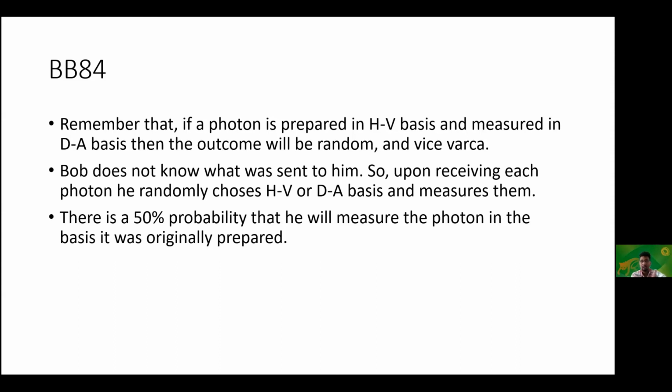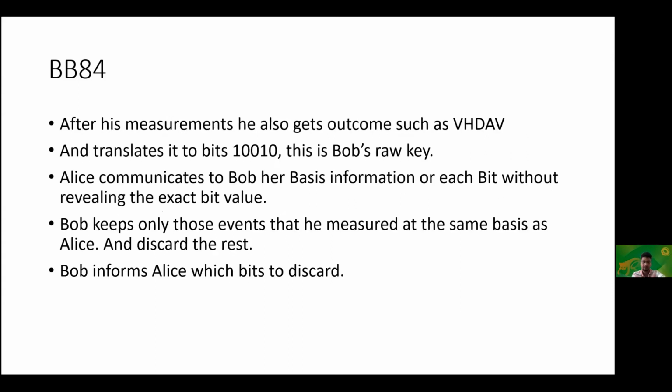Now, there is a 50% probability that he will choose the basis correctly. So the original message was prepared in HV and he has measured in HV. That's a 50% chance. And if that is the case, he will recover the message absolutely correctly.